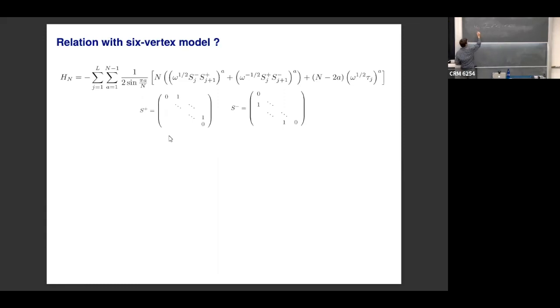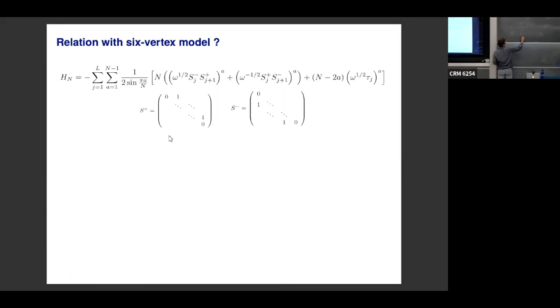If you take something like Q plus equals the sum of minus 1 to the power i, sigma i plus sigma i plus 1 plus, this is, for instance, one of those charges. And you take the Hermitian conjugate of this, which is another charge. Q hat minus is the conjugate of this, and Q hat naught is this with a minus. So Q hat is the sum of all these.